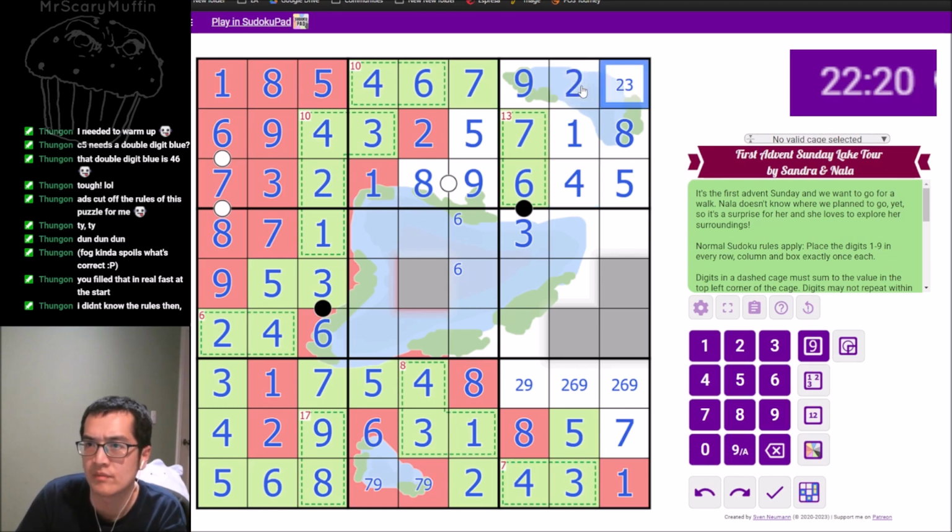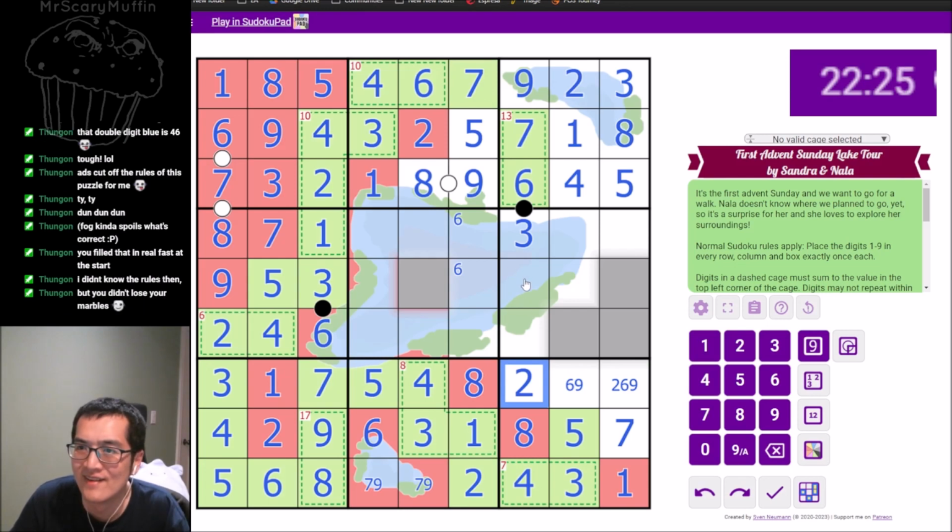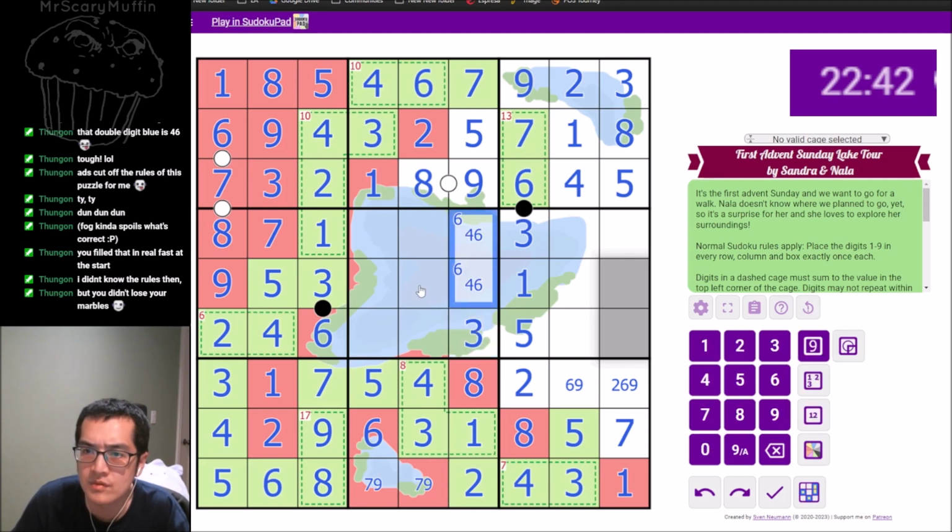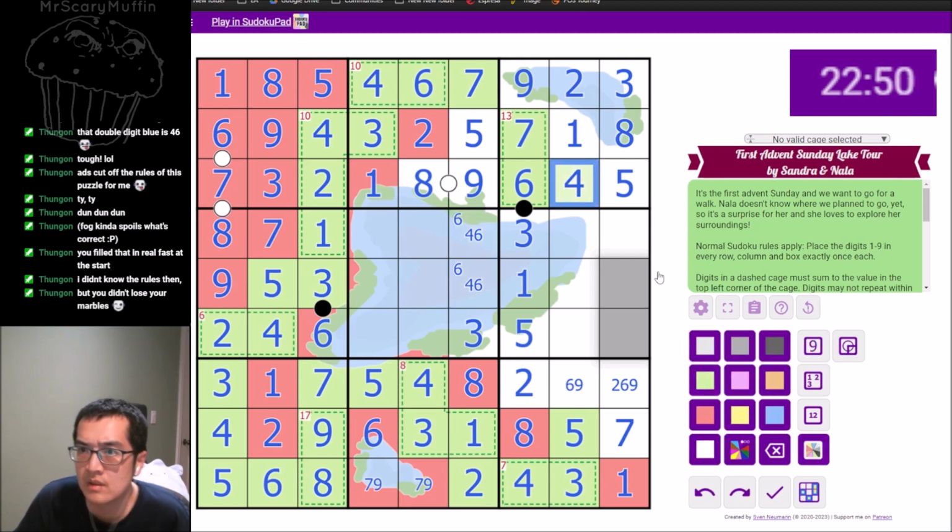I totally didn't think about just the fog tells us what's correct or not. 6 here. This has to go this way. It really could go either way here. That's kind of funny.